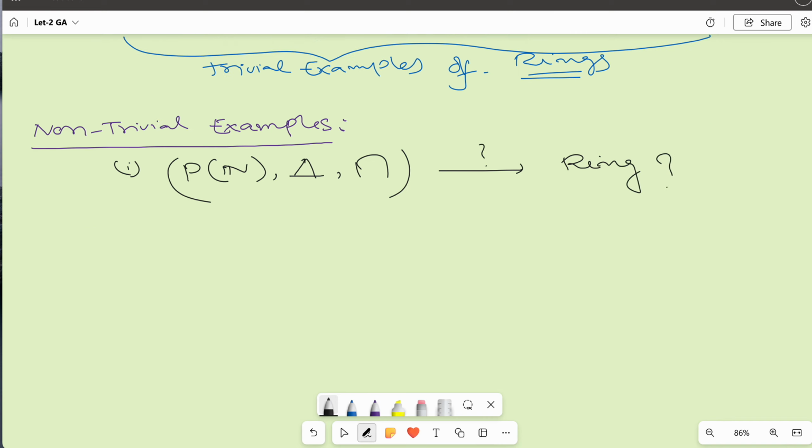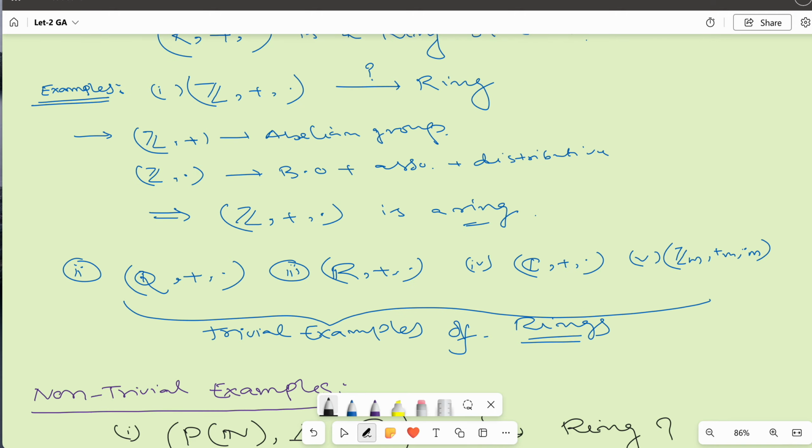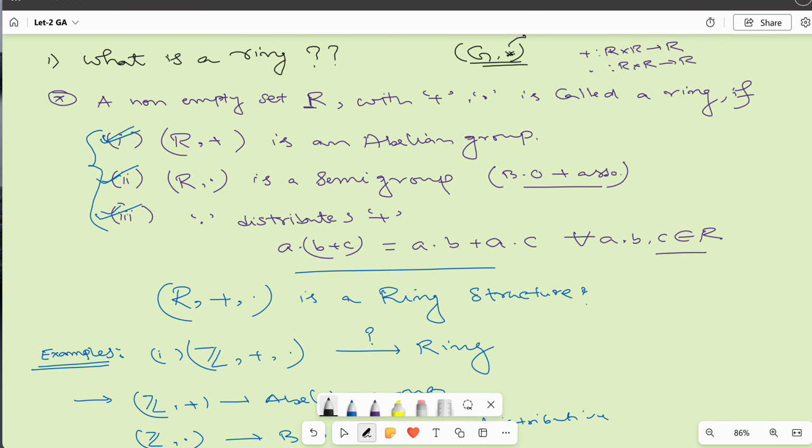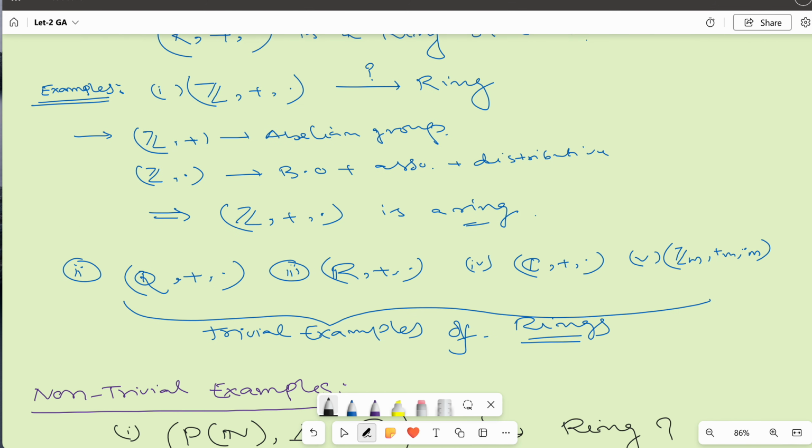See, here plus is the symmetric difference and dot is intersection, right? Power set means the set of all subsets of N. And you have to check the three properties.